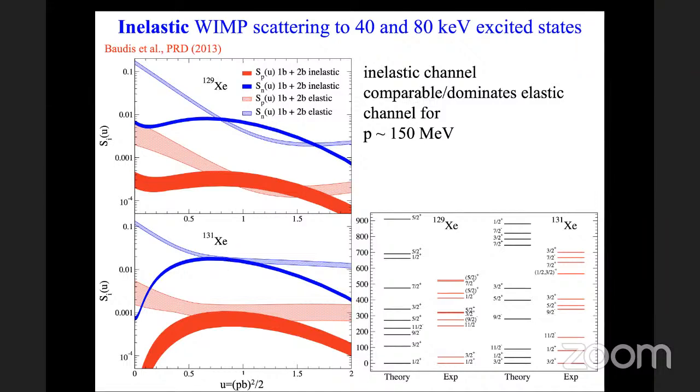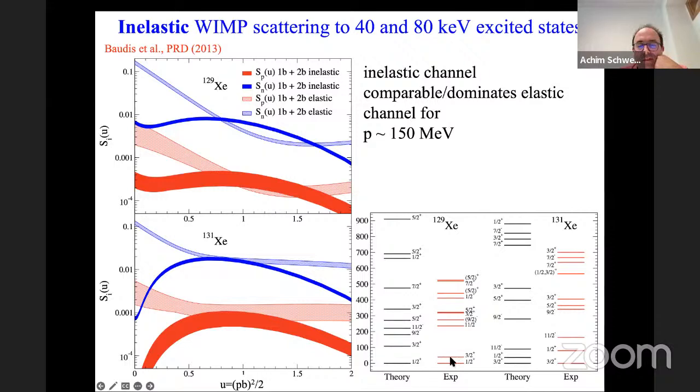Sorry again, I'm a bit confused here. Given the difference between the experimental and the theoretical prediction for the splittings that you are showing on the right, it would look like the experimental splitting is much bigger for 129 than 131, is that right? What we do is, 40 and 100 keV are at the nuclear scale very small numbers for strong interaction physics.